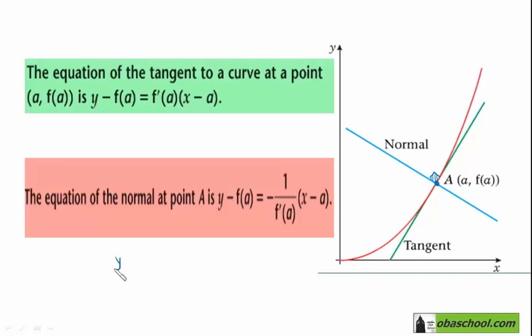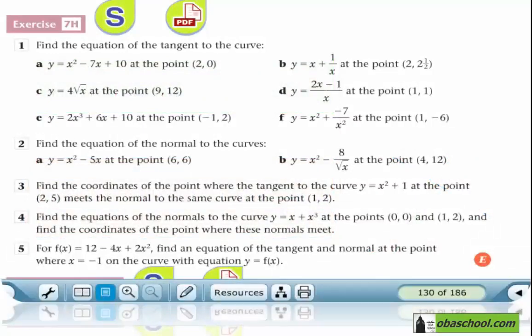We are going to always use the equation for the straight line, that is y minus y1 equal to m multiplied by x minus x1, where x1 and y1 are given, but the remaining unknown is m, the gradient. The gradient for the tangent is different from the gradient for the normal.